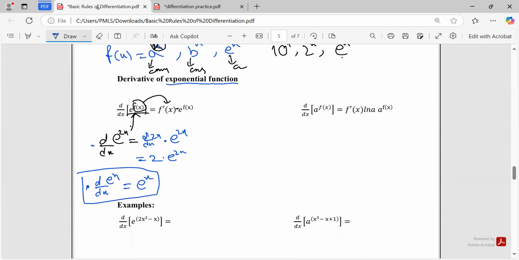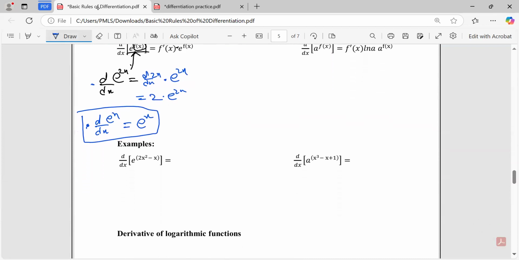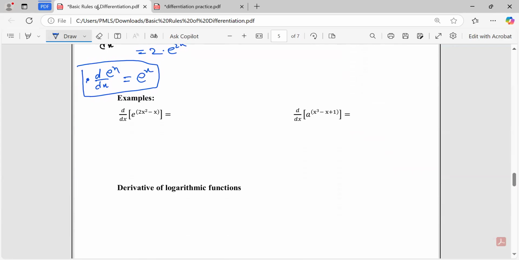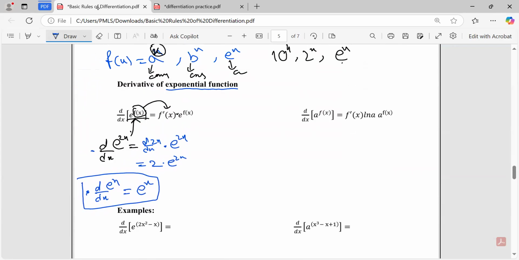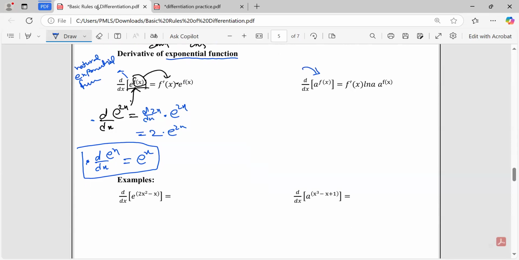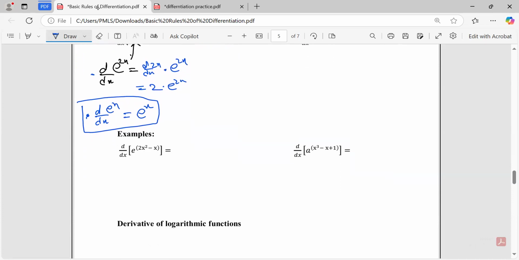So this is the way. Now we will do some examples, then you will understand better. If you have e raised to power f of x, this is called a natural exponential function. If the base is e, then it's a natural exponential function. In the same way, we apply the above rule.